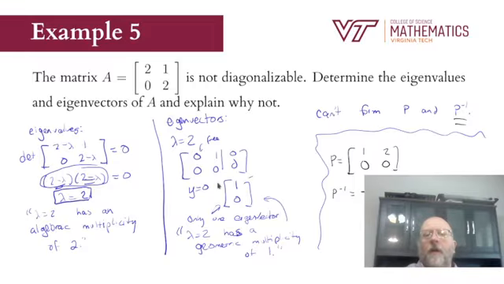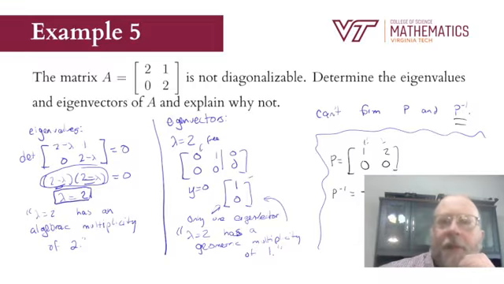And so when you have a free variable, you can't just pick two different things for the free variable and hope it works, because you just get two different multiples of the same vector. That's why we don't have enough information to form square matrices for P and P inverse. Okay? So this matrix cannot be diagonalized.